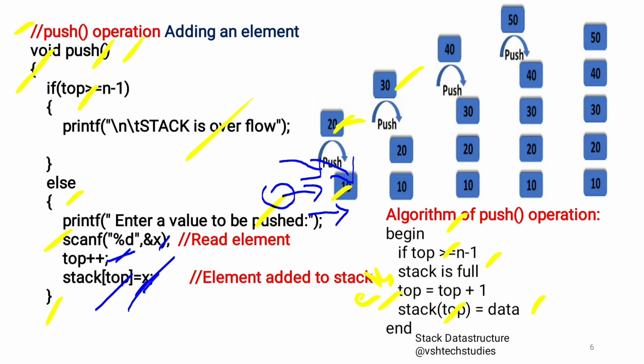Next time if 20 is given, that 20 is read in X, then top is incremented from 0 to 1, that is this statement, stack of 1. In that position 20 is added and this continues. That is the push operation, which adds the given element.